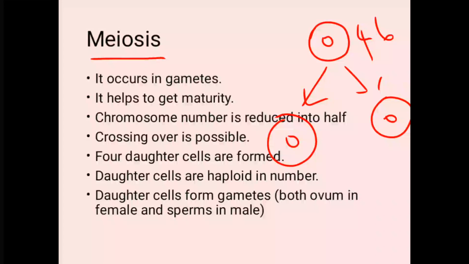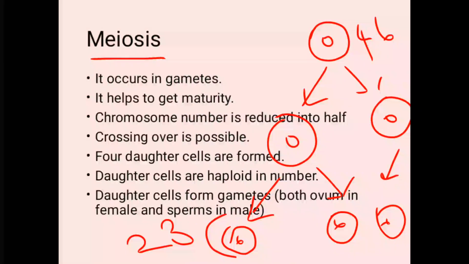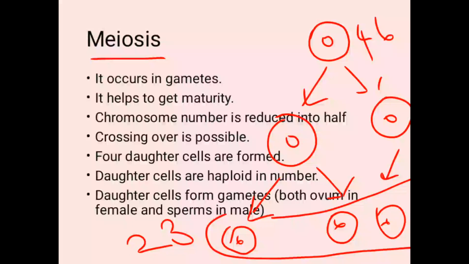Here the chromosome number is 46. These daughter cells again divide to form 4 daughter cells. So here the cell division occurs in 2 steps. Now the chromosome number is reduced to half. Now these 4 daughter cells have 23 chromosomes each.